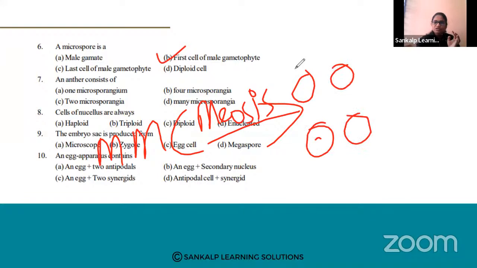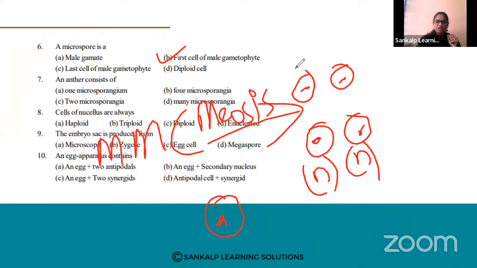These will have nuclei which are haploid in nature. This pollen grain or microspore will undergo asymmetric or unequal nuclear division, forming a vegetative nucleus and a generative nucleus. The generative nucleus will undergo mitosis and form 2 gametes.